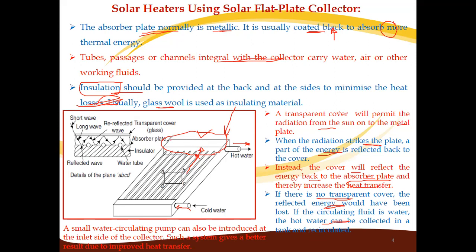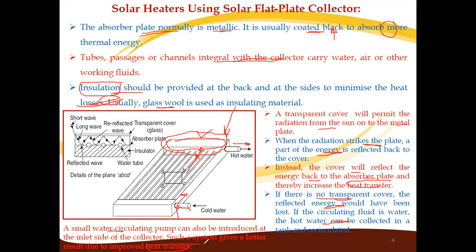We can store the hot water and whenever required we can use that hot water. A small water circulating pump is there inside this flat plate collector. Because of this, it will pressurize the fluid inside the tubes, and using such a system gives better results and also improves the heat transfer.